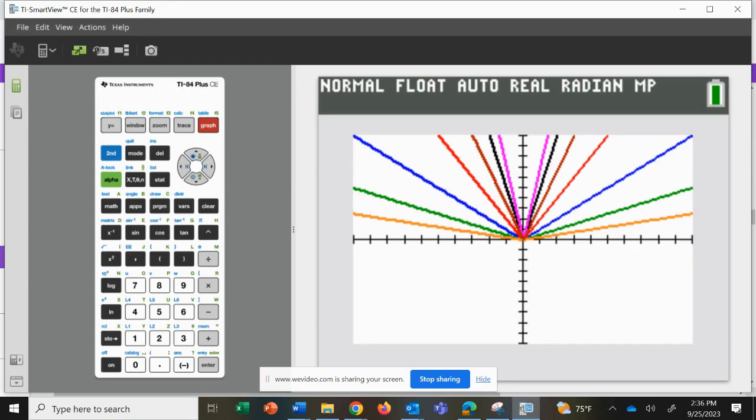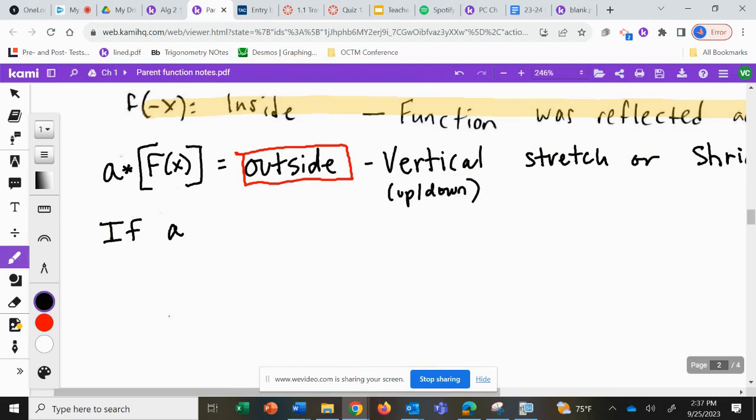What do you think, McKendrick? If it's greater than 1, and we'll come back to it, you said them backwards though. But if it's greater than 1, it's a what? Stretch, right? That's what I'm looking for.